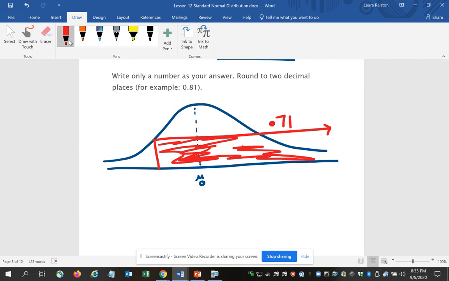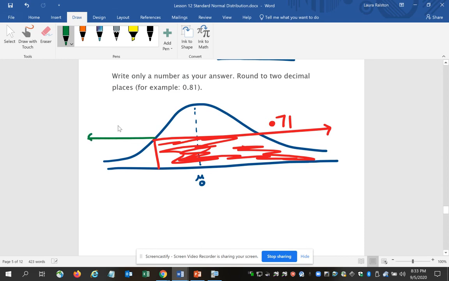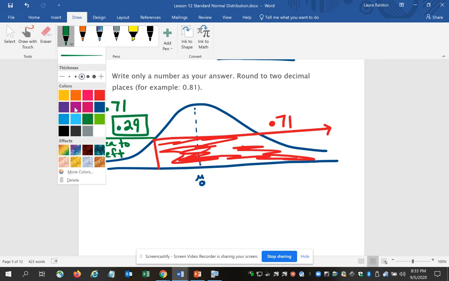And so still the issue is we need the area to the left. And I can find that by doing one whole, 100%, minus 0.71, which is 0.29. And this is the value that I need for inputting into the calculator, because you need to input area to the left.